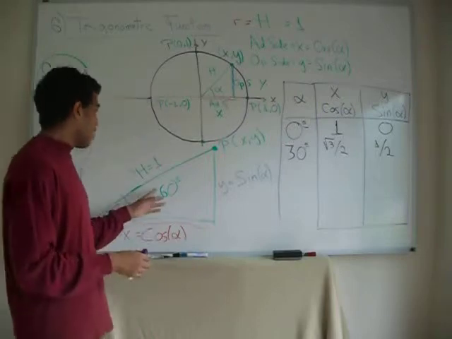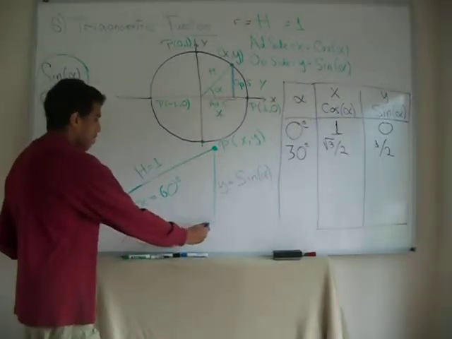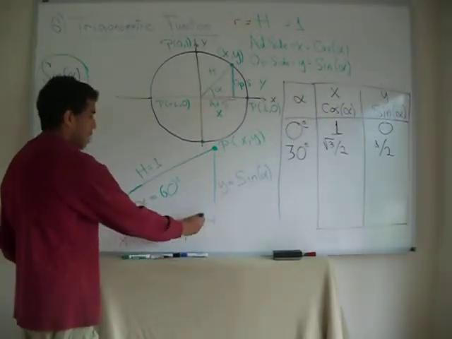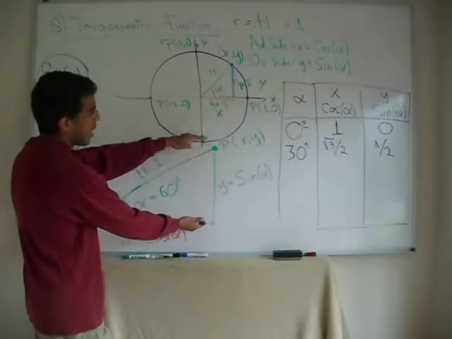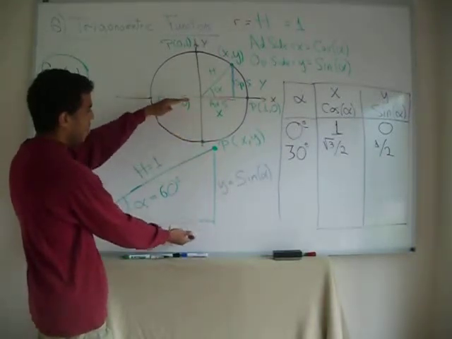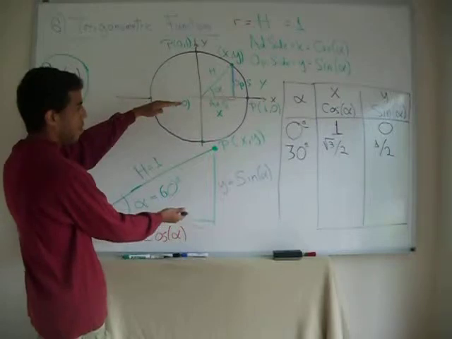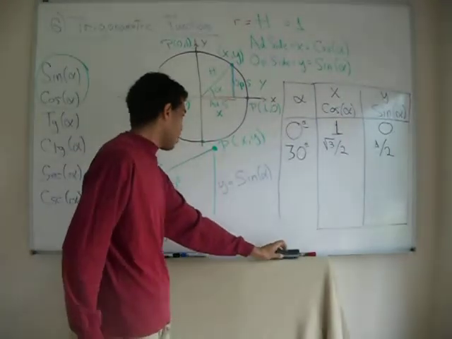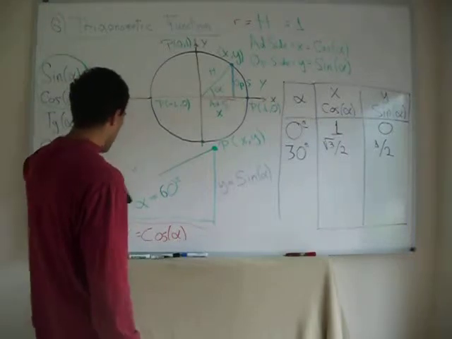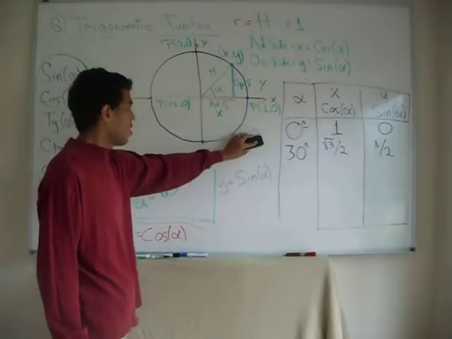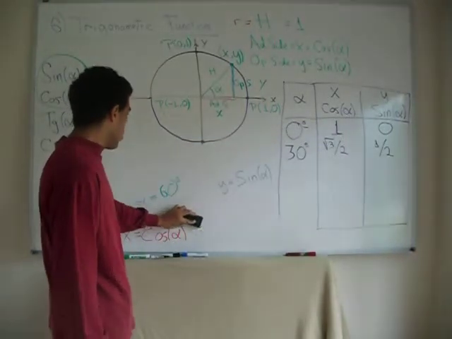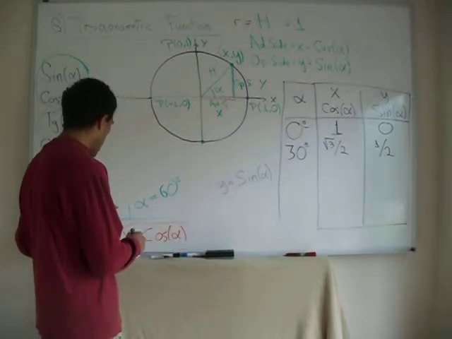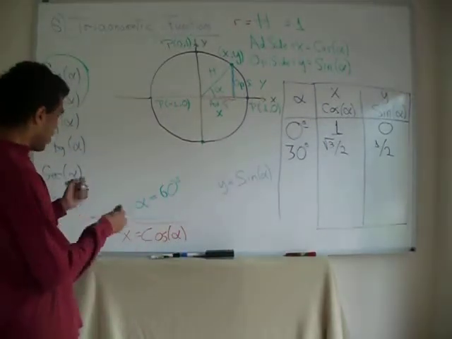Again, if alpha is 60 degrees, x becomes even shorter, and y keeps growing. The height of the triangle is becoming bigger. We can even redraw it like this. H is still 1, that's for sure, but y and x are changing, and the triangle is going to look a little bit like this instead.